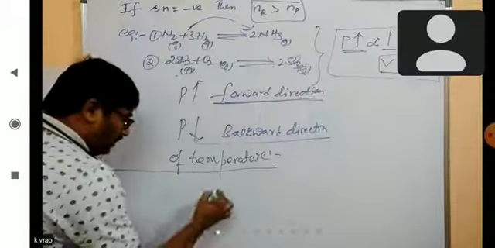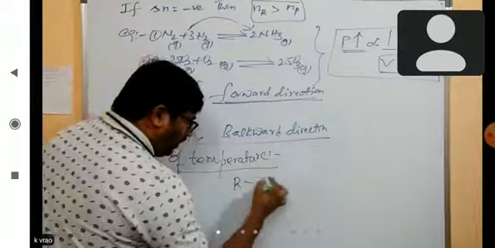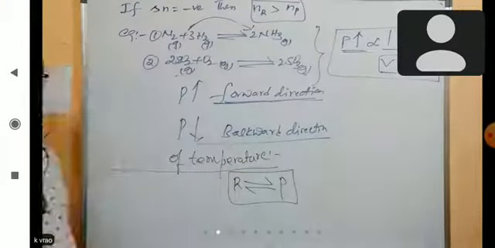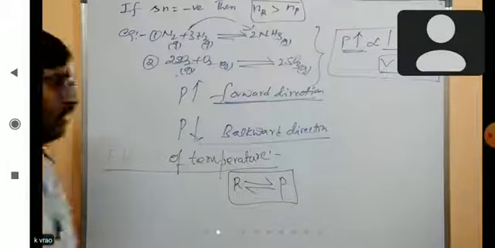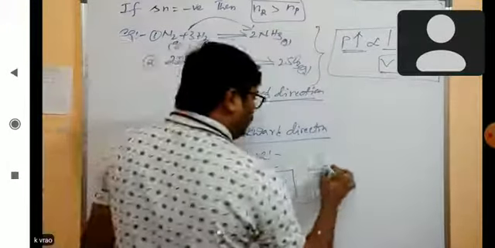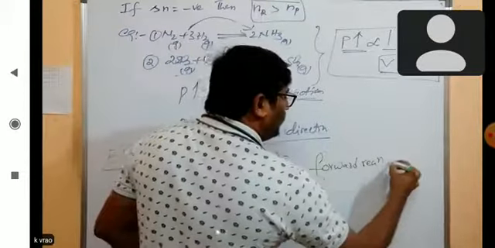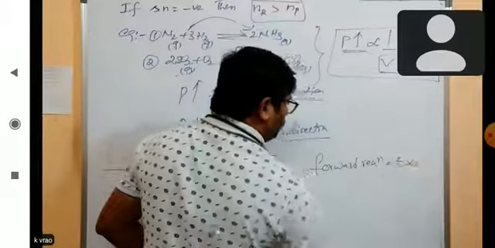So let us consider the reactant gives products. This is a reversible reaction. This reaction has already attained equilibrium. Let us assume the forward reaction is an exothermic reaction.